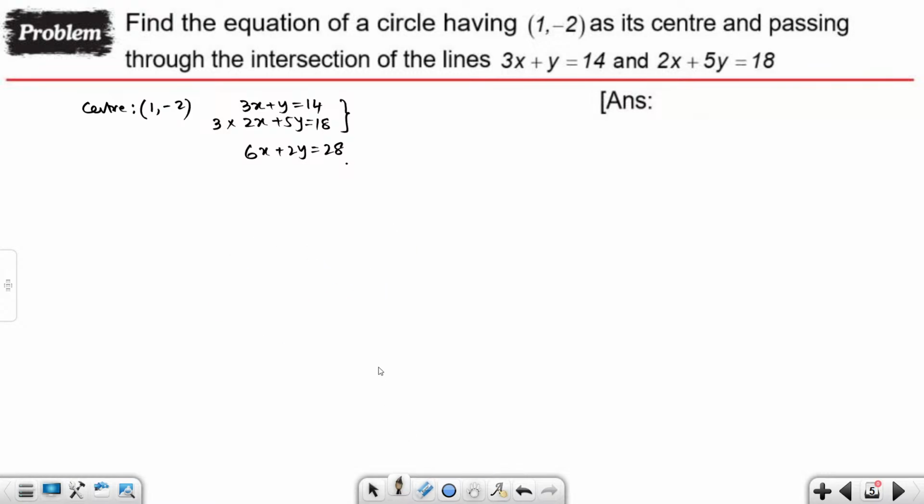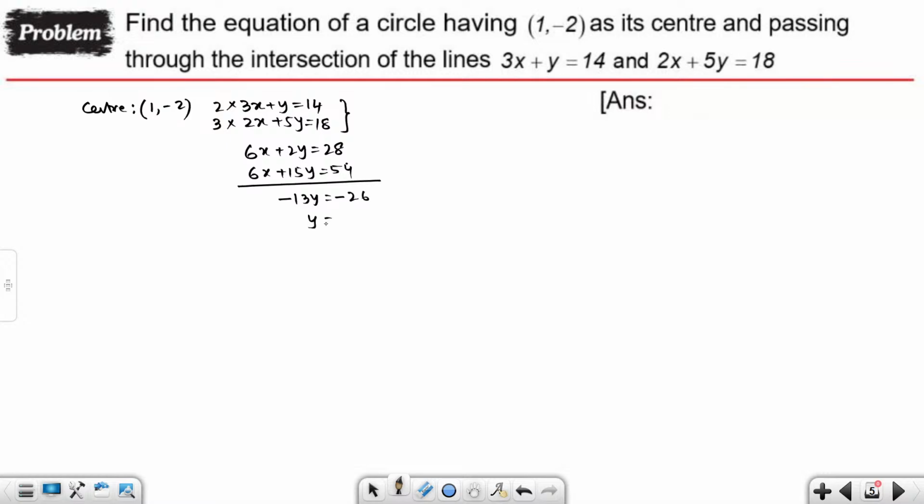So if I multiply that with 3, we are getting, because I have multiplied this with 2 to get the first one, and the second one is, right? Now, if I subtract, we are getting minus 13y equals to minus 26.